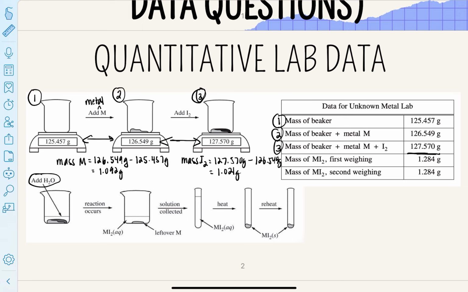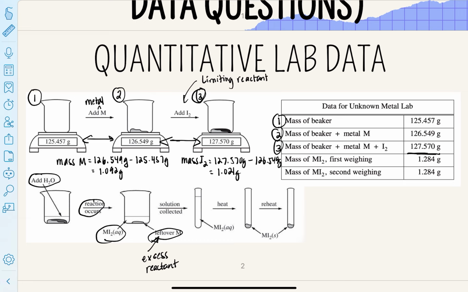It's not really shown in the data table per se, but it says here, you add water, you allow the two things to come together and react, and then you get some sort of aqueous part and then some leftover solid, some leftover M. That's kind of important as well, because leftover M indicates that this is my excess reactant, and then the iodine would be my limiting reactant. I'm not sure if I actually need to know this for the question, because I took the question out, just trying to illustrate what's going on.